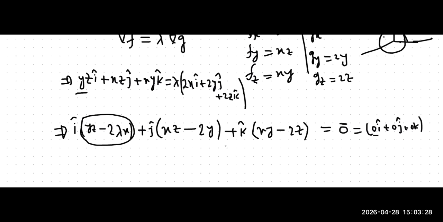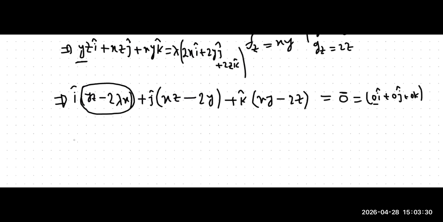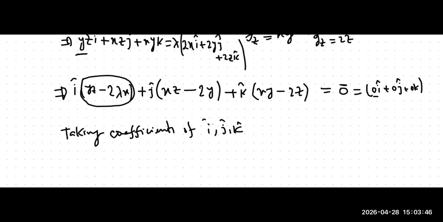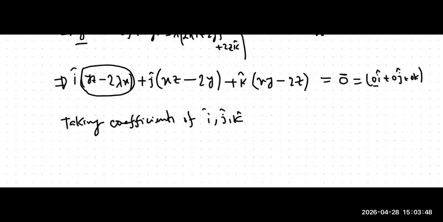So taking coefficients of i, j, and k cap. So yz minus 2 lambda x equal to 0.